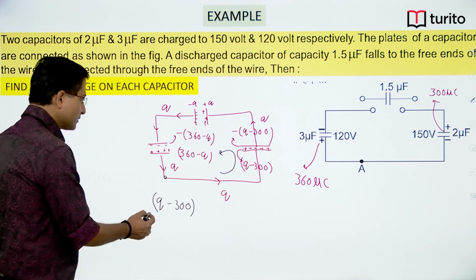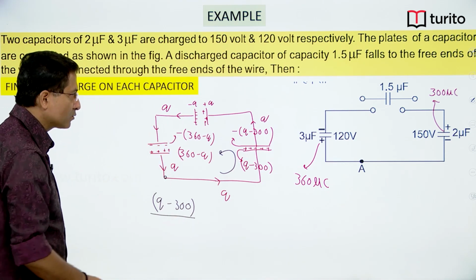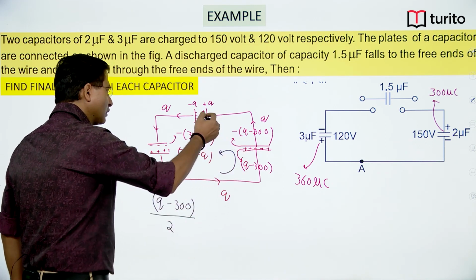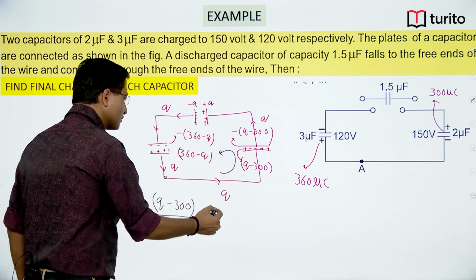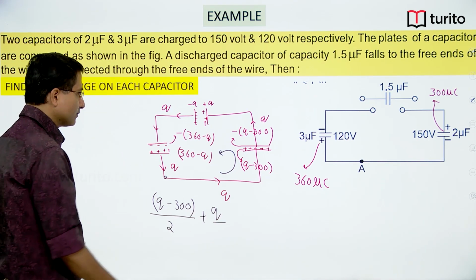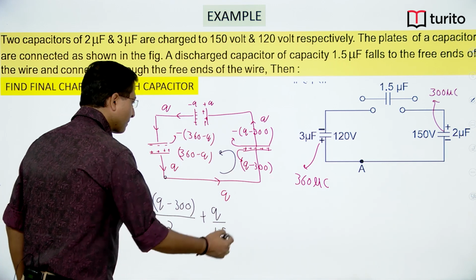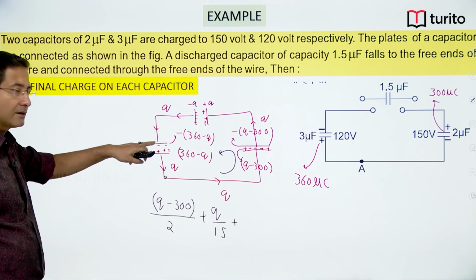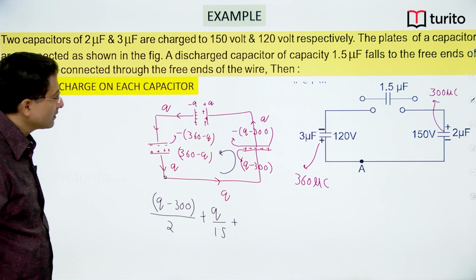by its capacitance, that is 2, again decrement, plus Q divided by its capacitance, that is 1.5, plus here I can see increment, negative to positive, here I can see increment, right.